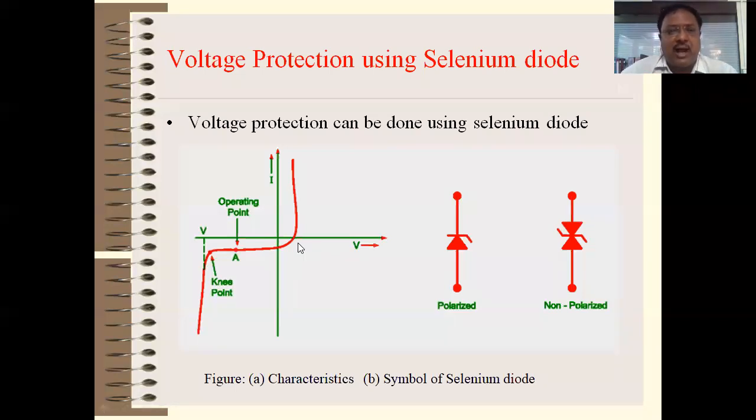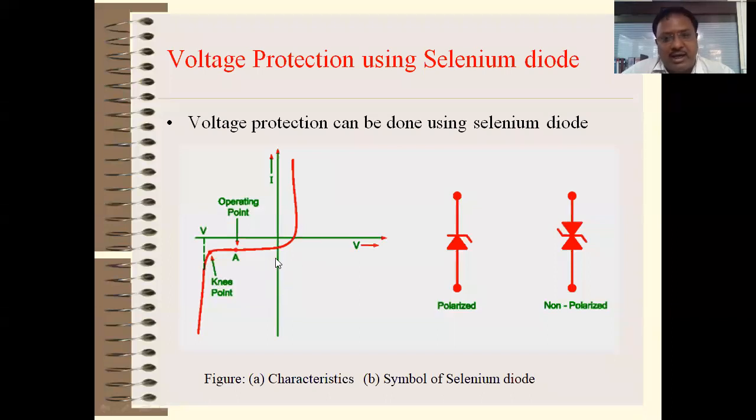In forward bias condition, its characteristics are very similar to the PN junction diode, but in reverse bias condition, the breakdown voltage of this diode is very large. So normally this diode is used in a reverse bias condition, because in forward bias condition it turns on after 1 volt and works very similar to the simple PN junction diode.